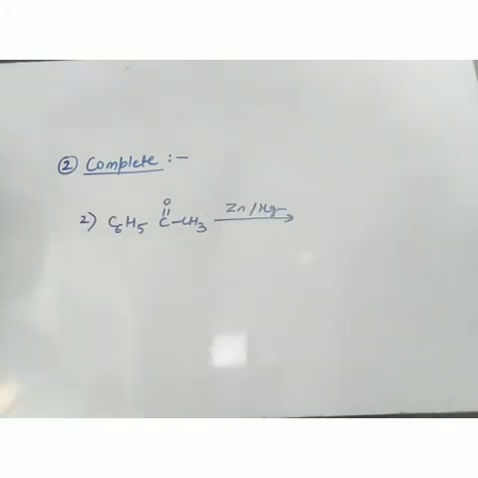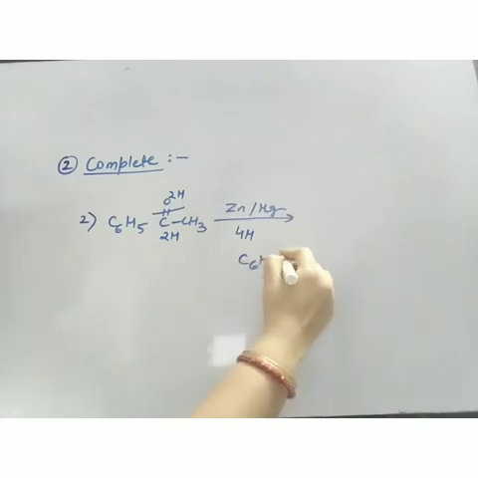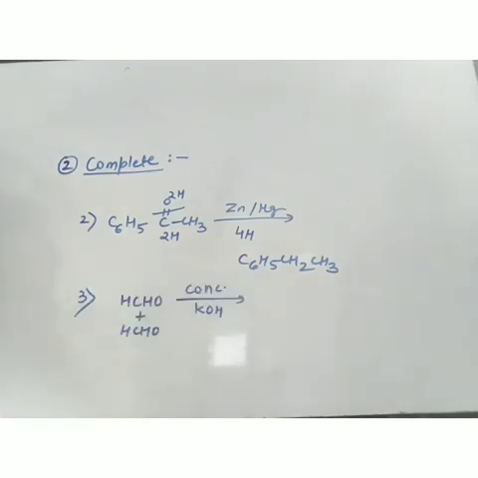In the second question, an aromatic ketone is given to you. This is acetophenone and zinc amalgam. I know this reagent is used for Clemmensen reduction. It provides 4 hydrogen atoms, so 2H here and 2H here. I will get this compound, that is ethylbenzene. In the third question, 2 molecules of formaldehyde are taken and the reaction occurs in the presence of concentrated base.